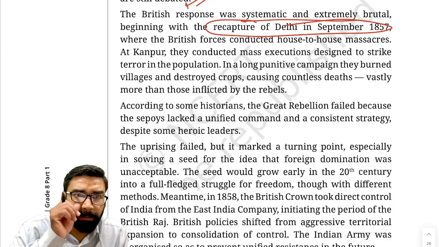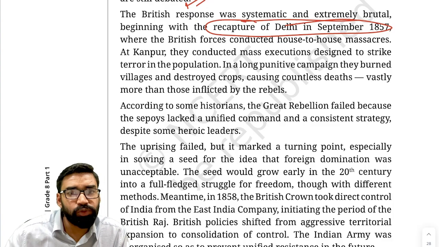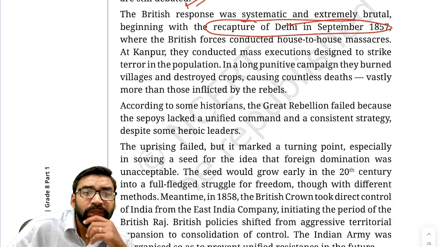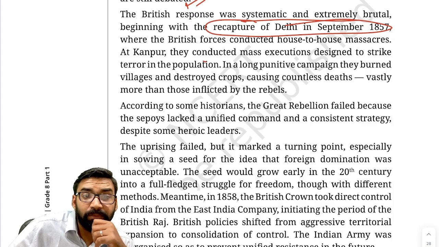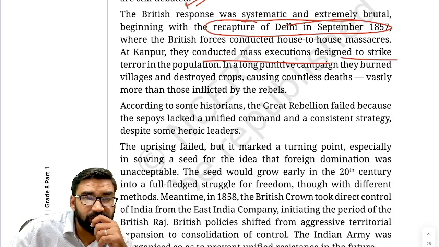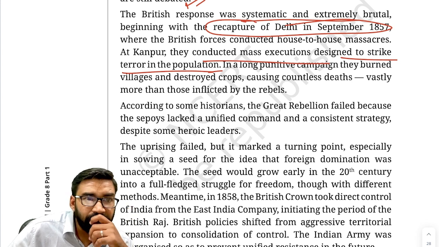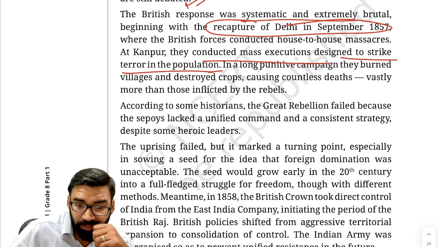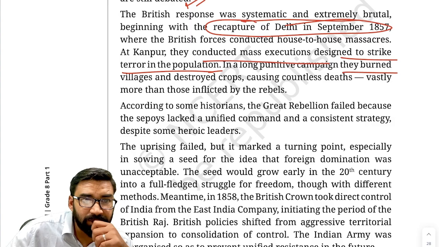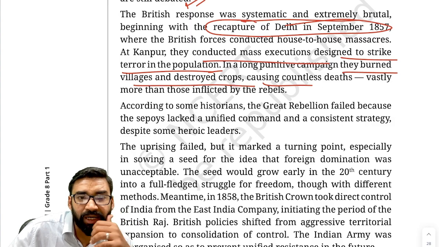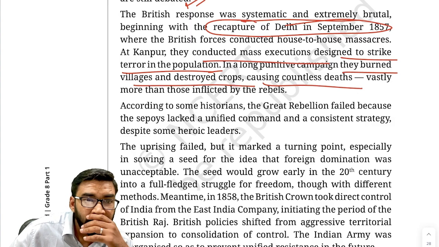And they also conducted house-to-house massacres at Kanpur. The British conducted mass executions designed to strike terror and create fear in the population. The Britishers burned a large number of villages. They destroyed crops and many deaths occurred.